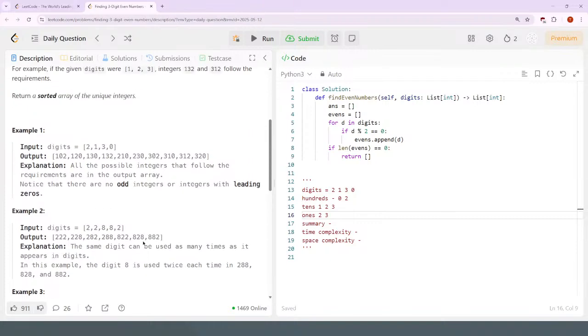Could handle duplicates separately, because there's only so many duplicates that you could have. In terms of triplicates, there's three 2s, three 4s, three 6s, three 8s.